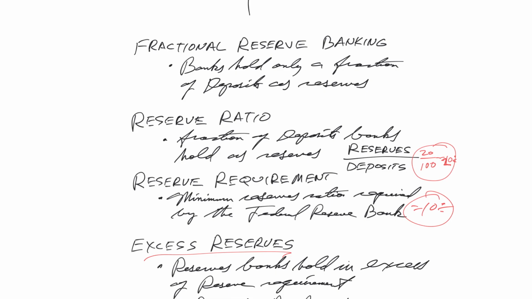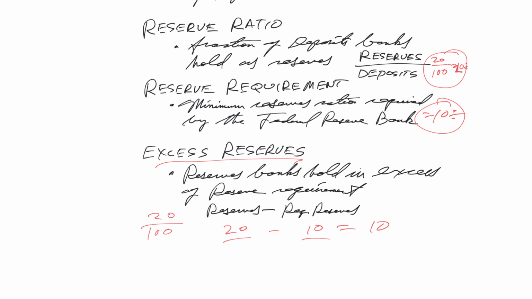That tells you the ratio they're holding. The requirement is set by the Federal Reserve Bank. That's the minimum amount of reserves banks are supposed to keep on hand. And excess reserves are any reserves that banks hold in excess of what they're required to hold.